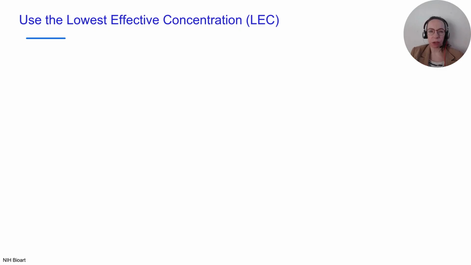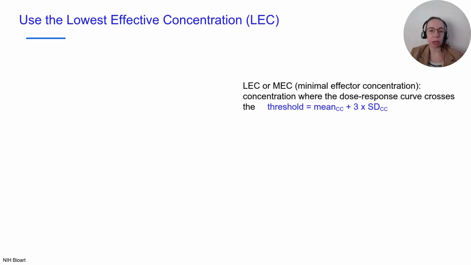You may also start from in vitro functional assays. You may want to reach an EC50 here, but if you already know that you actually need very little activation of the receptor to have the desired clinical effect, you may use the lowest effective concentration, or LEC, or the minimal effector concentration, MEC.